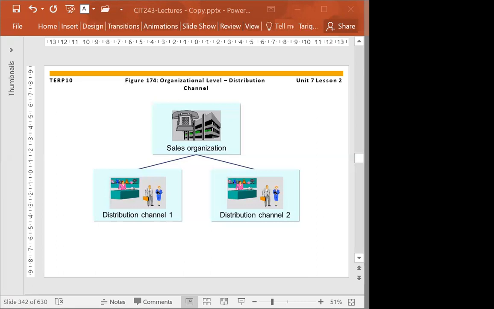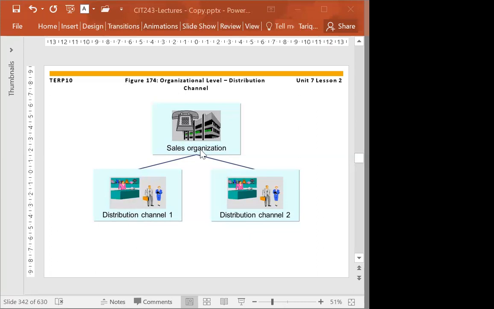And customers are buying their materials through these distribution channels. They can order online, they can come to the shop, and they can buy from the retail shop or from the wholesale shop. And at least one distribution channel is a must.